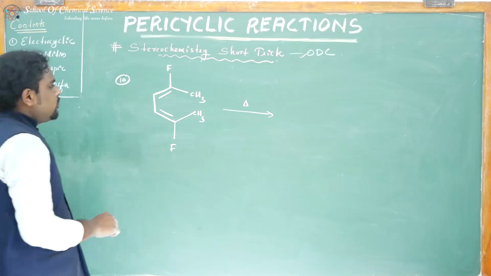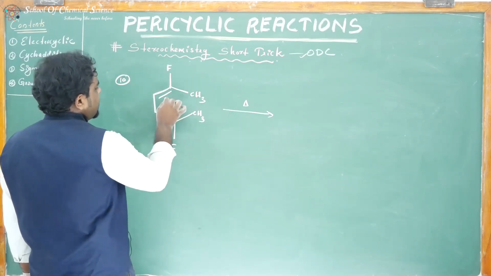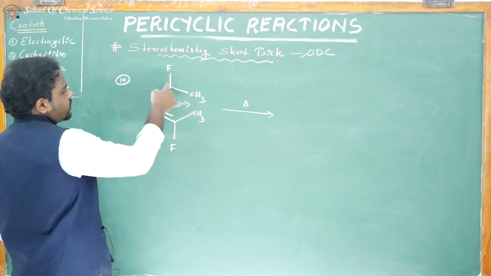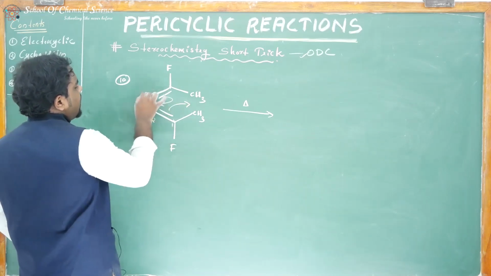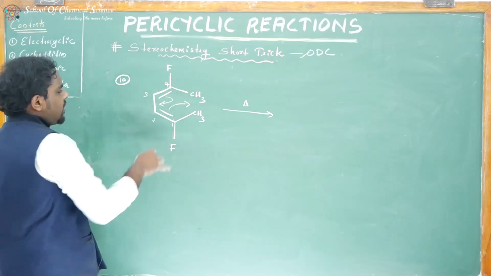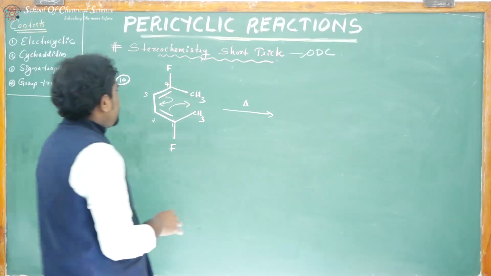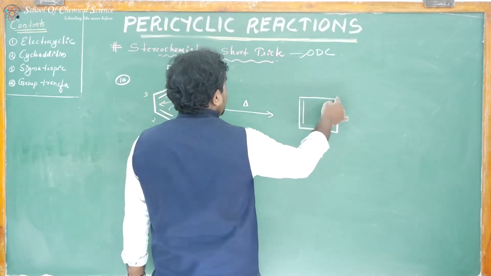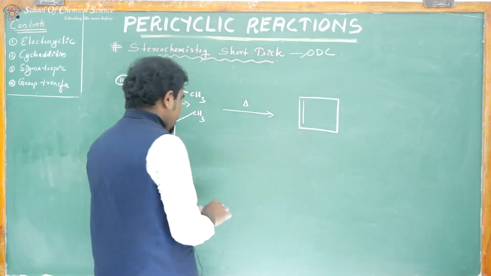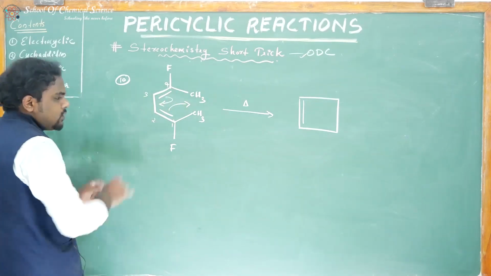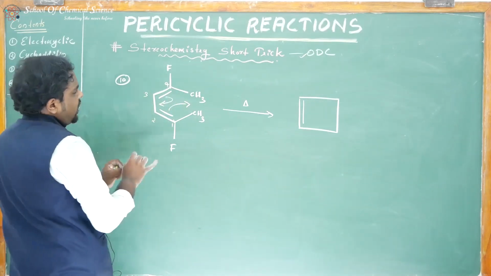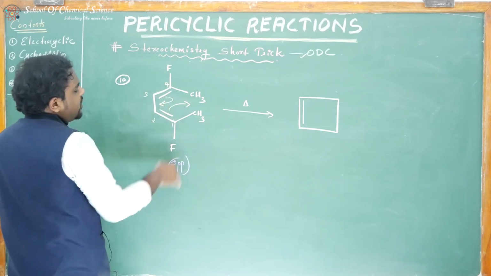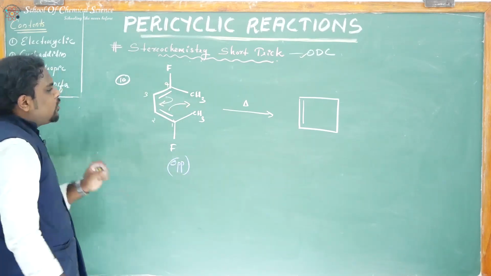What is the reaction? Under thermal condition, electrocyclization takes place. Between carbon 1 and 4, a new sigma bond is formed. So you will get a 4-membered ring. Here a pi bond. Here a fluorine and CH3 are there. You have to find the stereochemistry. We can take the fluorine: one fluorine is below, the other above, so these fluorines are in opposite direction.